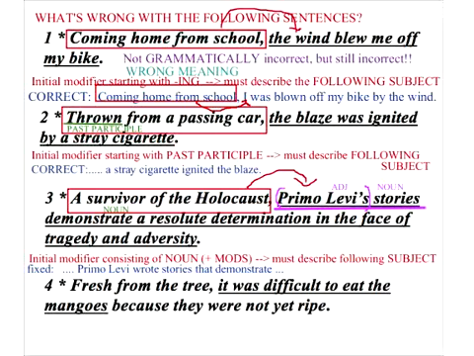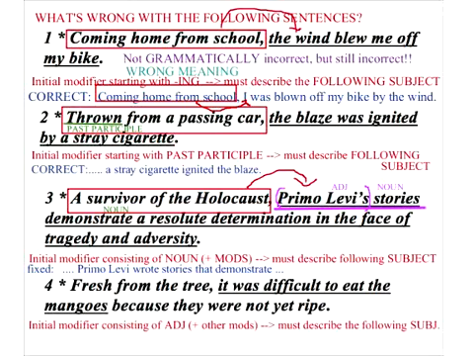Okay, I think we know what the deal is by this point, so let's just look at it. If we have an initial modifier that consists of an adjective plus maybe other modifiers, then that also must describe the following subject. So "fresh" is an adjective, "from the tree."